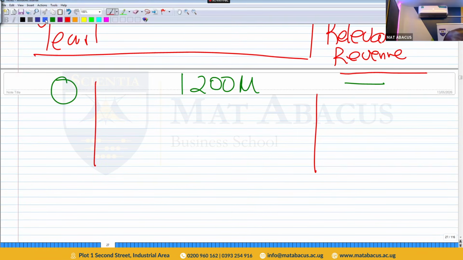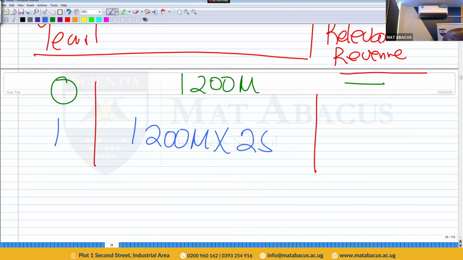So for year 1, the revenue will increase by 25%. So I will get 12,000 million multiplied by 25%, which gives 300 million.